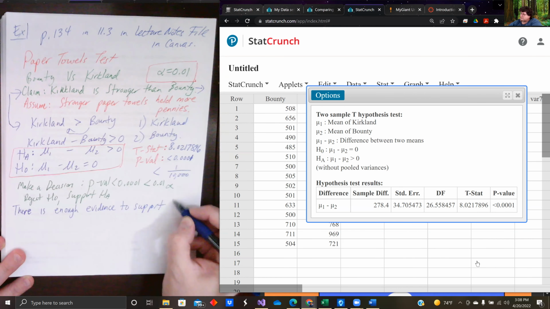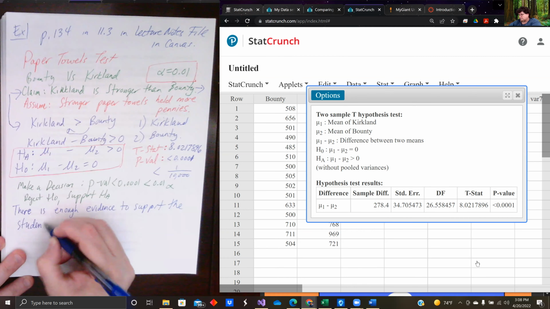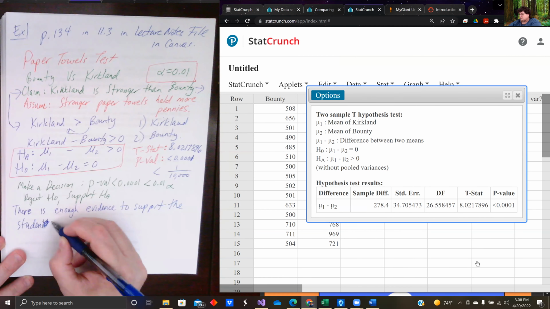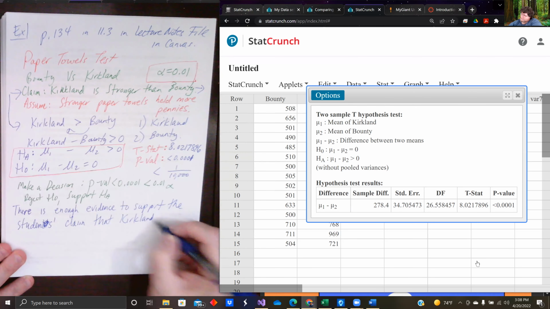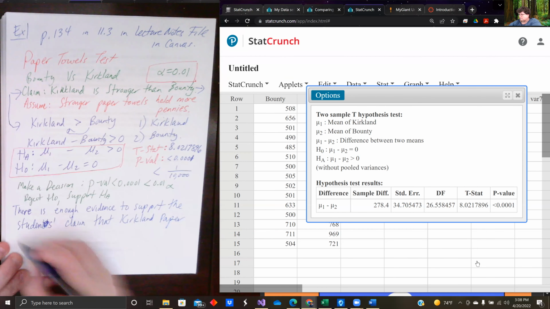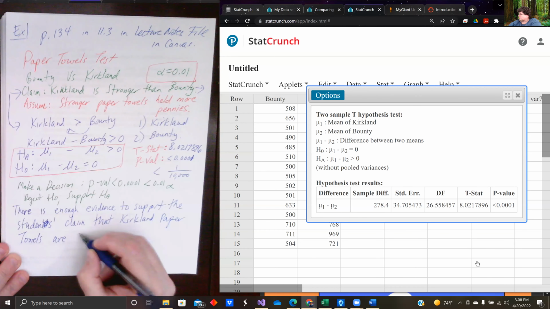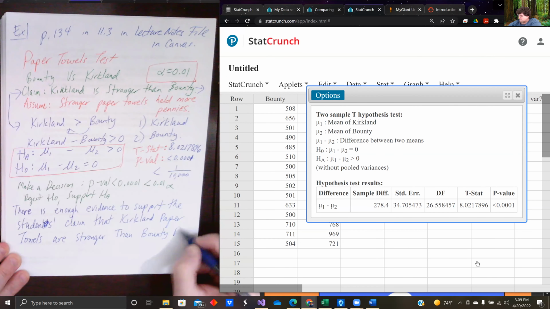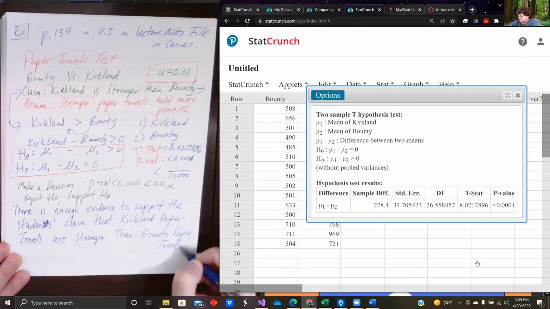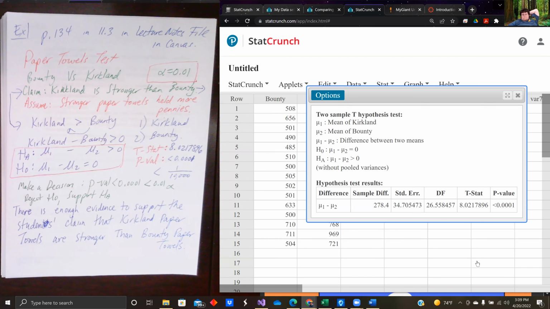This was a project by students, that Kirkland paper towels are stronger than Bounty paper towels. Any questions?